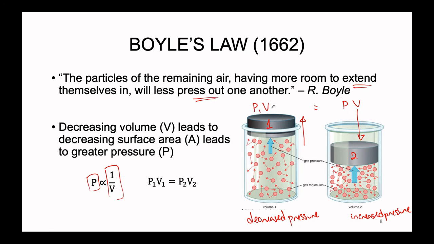Hence the equation P1V1 = P2V2. So if we know the pressures and only one of the volumes, we can find the missing volume. Whichever one of these variables ends up being an unknown, but we know the others, we can use this equation to determine our missing variable.